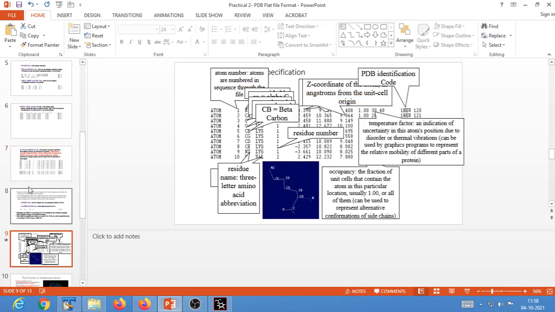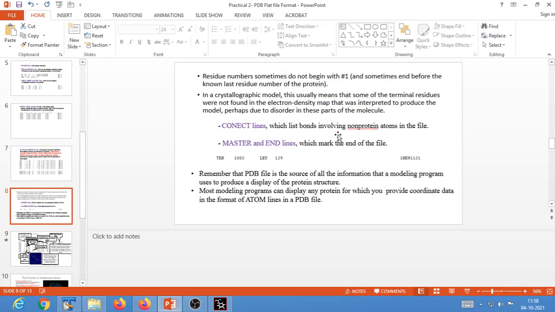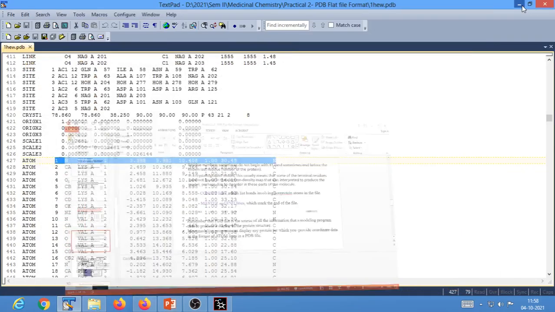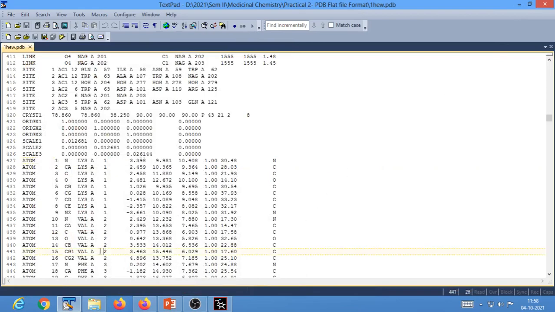As you can see over here, the coordinate information always begins with the line that starts with the keyword ATOM.